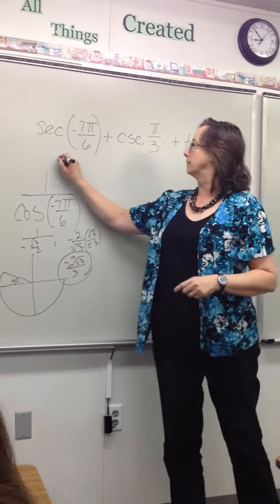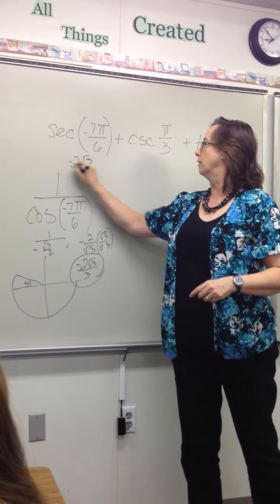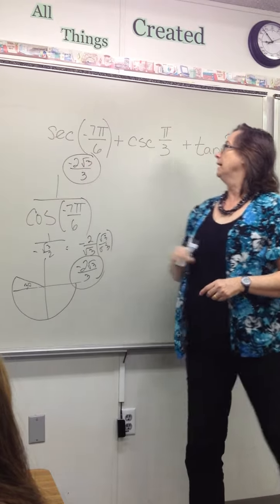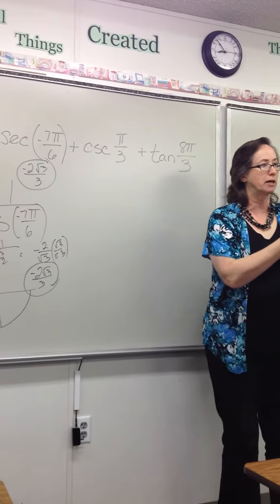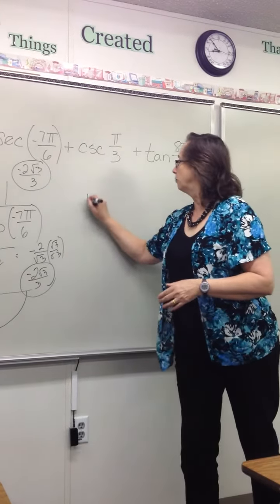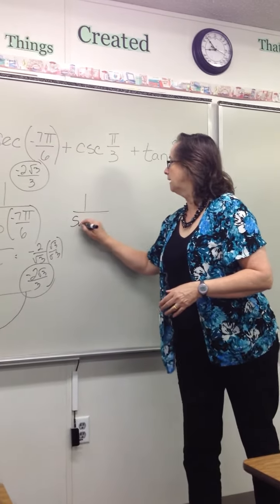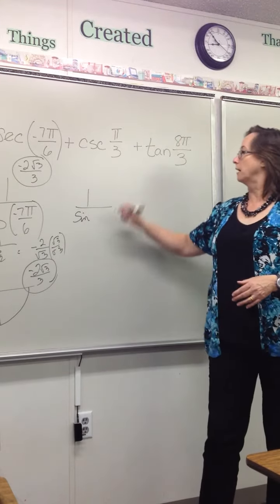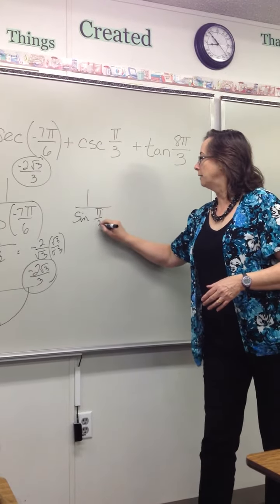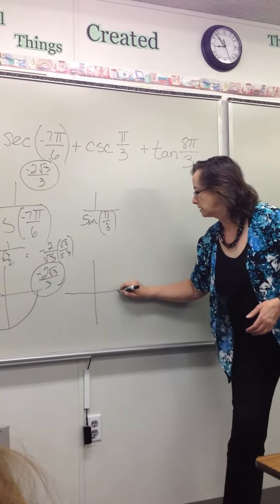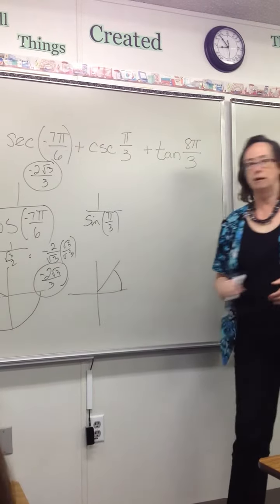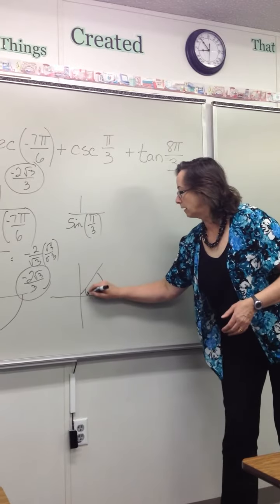So let's write it right here. Negative 2 square root of 3 over 3. Okay, so now we've got a cosecant. A cosecant is a 1 over a sine. So we're going to have 1 over the sine of pi over 3. Okay, and the pi over 3 is the 60. If we do it in the unit circle, it's going to be right there, isn't it? So it's a 60 degree reference angle.